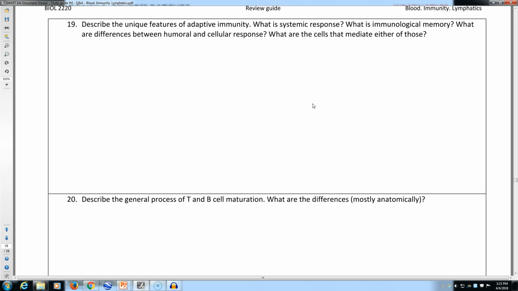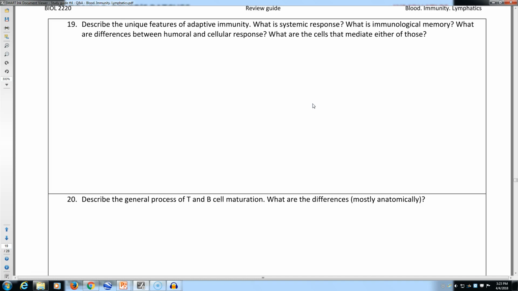Color-wise? Red. Basically swollen. When you have a flu, how do you feel? Like crap, like you've been hit by a train. That is because your immune system actually tries to destroy the pathogen.